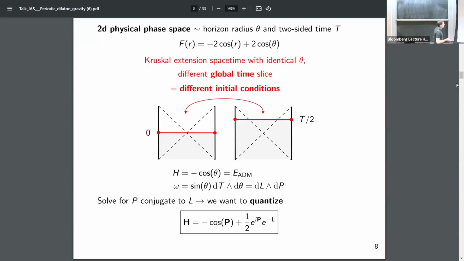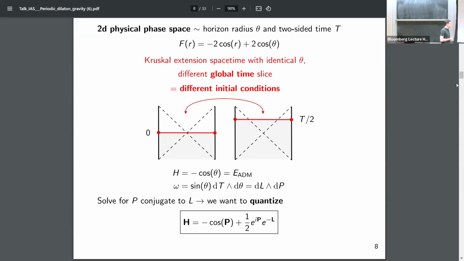Anyway, the phase space of sine dilaton gravity is two-dimensional, and labeled by initial conditions as always. One variable is the horizon radius, and the other variable is a two-sided time. So this is the two-sided global time evolution.